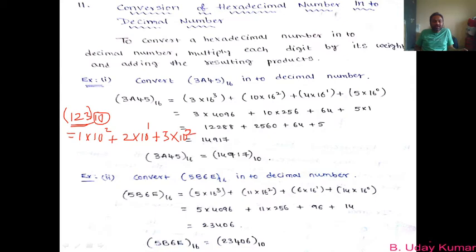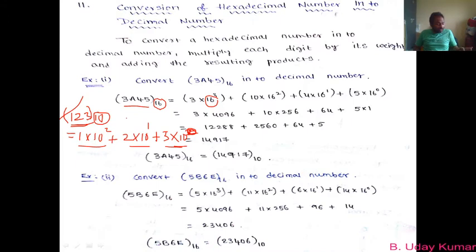This is how we expanded a decimal number in terms of its weights, right? Sorry, this is 10 power 0. I am extremely sorry, this is written as 3 into 10 power 0. This is written in terms of 10 powers because 10 is the base of the decimal number system.